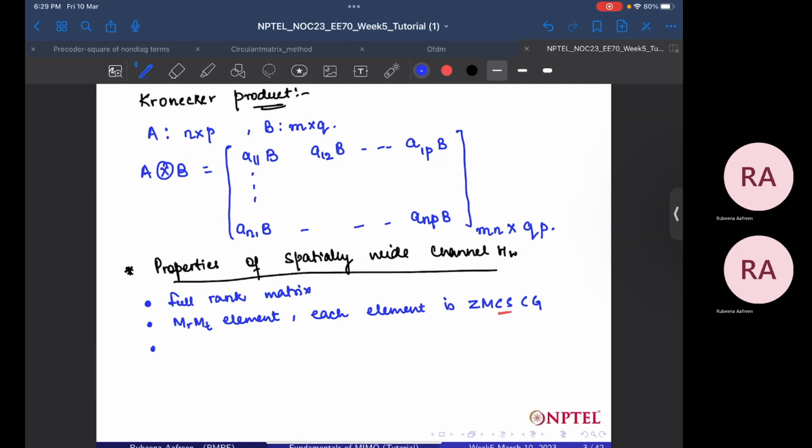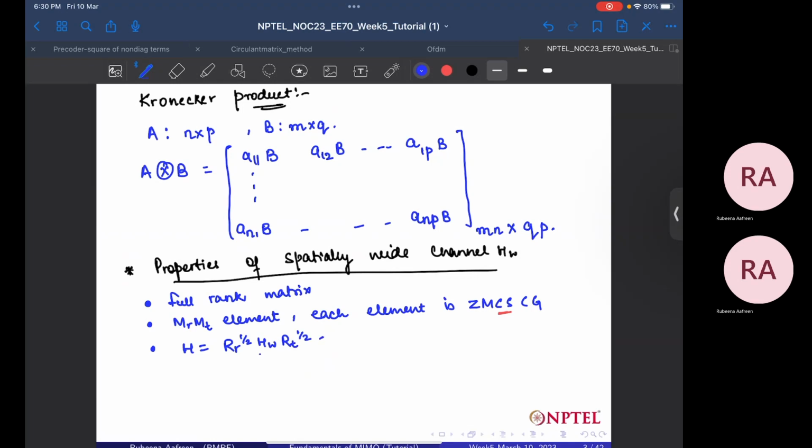Now if there is correlation, then the correlated matrix is our receiver covariance matrix times the white channel times the transmitter covariance matrix, right? So now the rank of H is constrained by the rank of RR and RT, right? See, HW is a full rank matrix, but for the correlated channel we have RR to the power of half times HW times RT to the power of half, right?